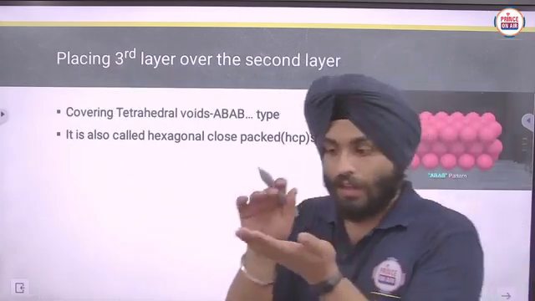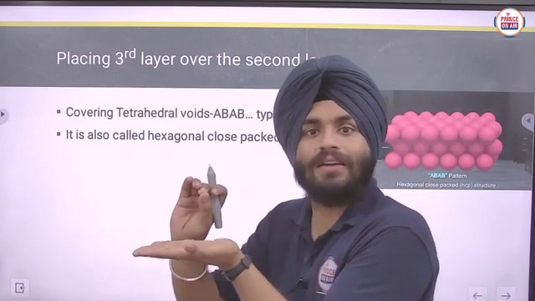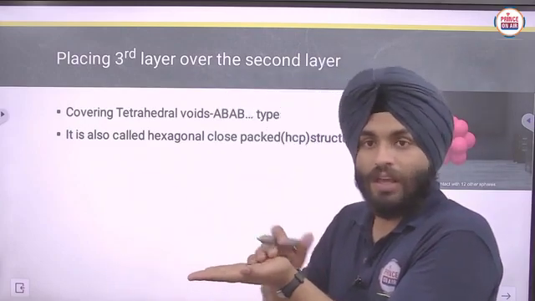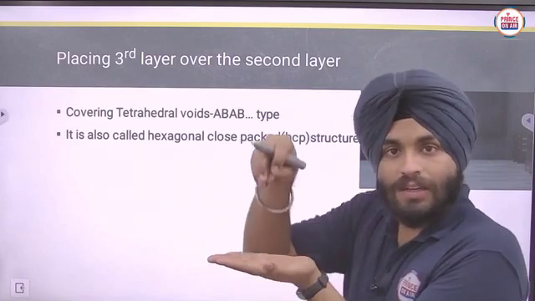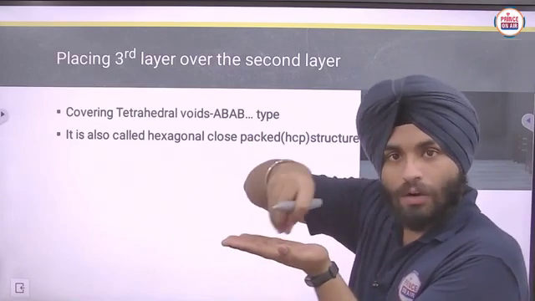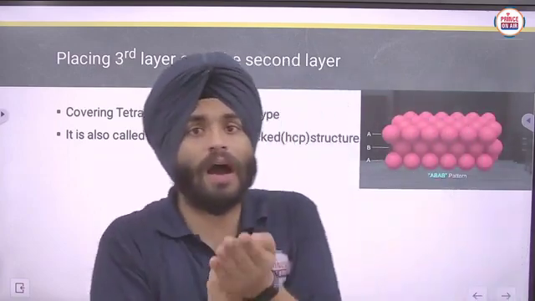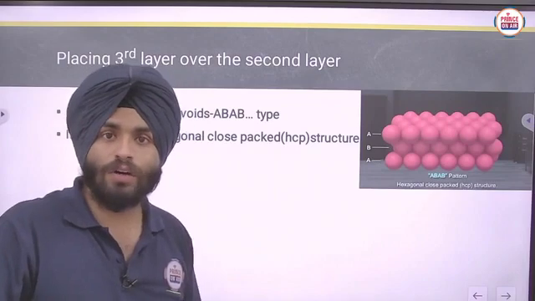The first layer was simple, a hexagonal close packing in 2 dimensions. Then we placed the second layer over it in the depression parts, covering the tetrahedral voids. Afterwards, other tetrahedral voids form.